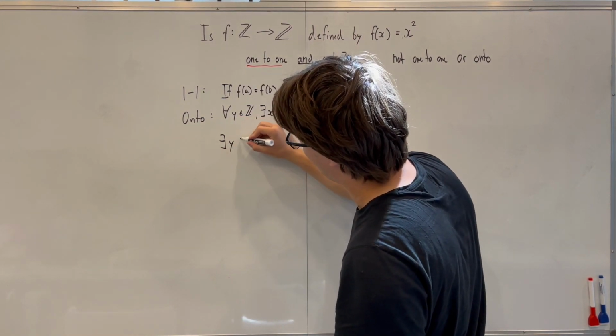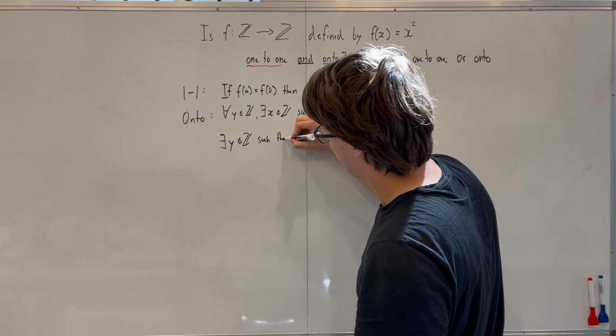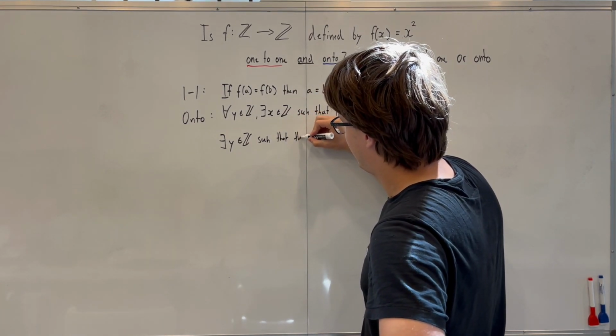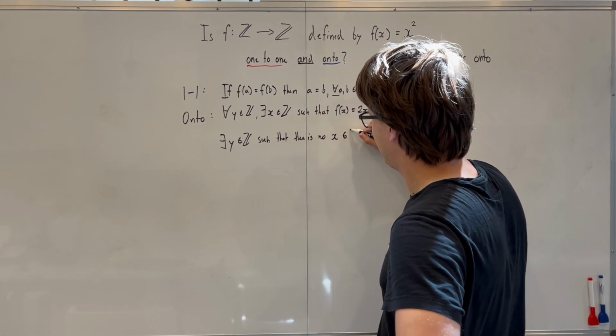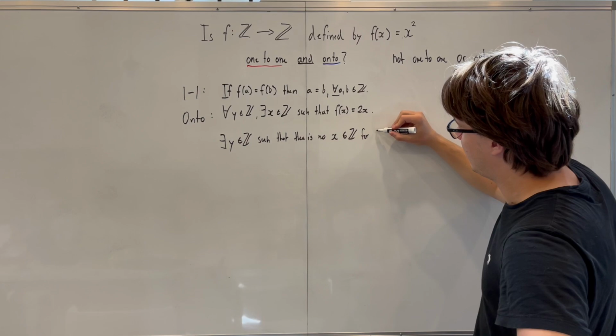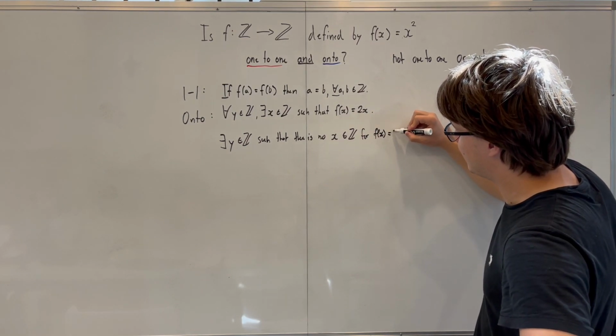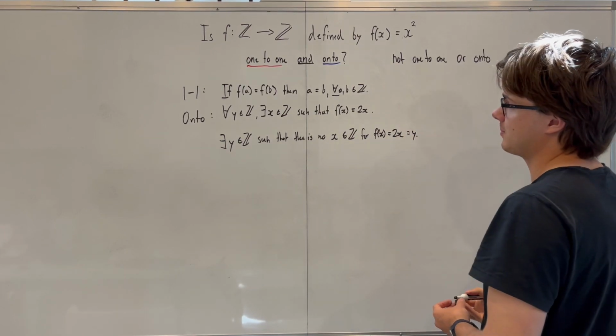There exists a y in our codomain such that there is no x integer for f of x to equal y, if we want to be super explicit.